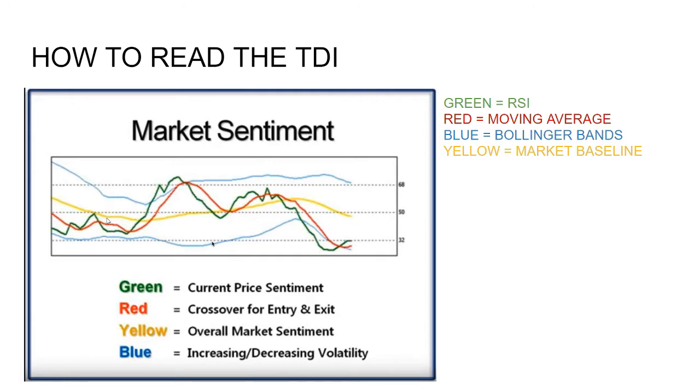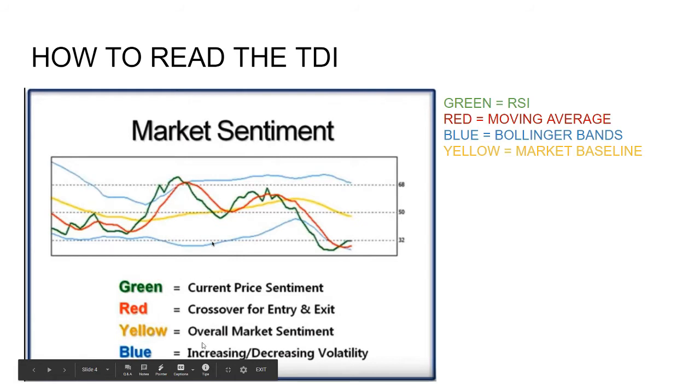And this yellow one measures the entire trend of the market. So the green is for just one candle, or just the candles. The yellow is for the entire market. And down here you can kind of see that: overall market sentiment, current price sentiment, current price per candle, overall the entire thing.